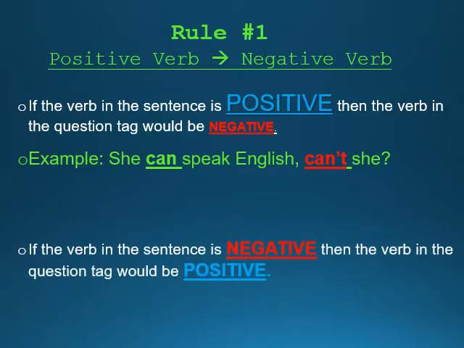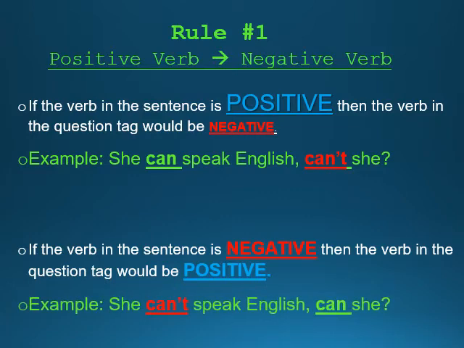And if the verb in a sentence is negative, then the verb in the question tag will be positive. Example, she can't speak English, can she? Can't is a negative verb in the first sentence, and can is a positive verb in the second part, which is the question tag.